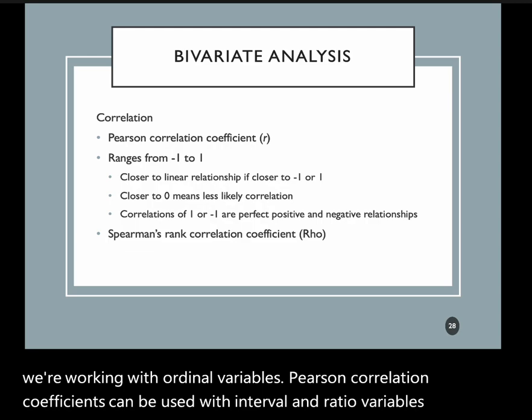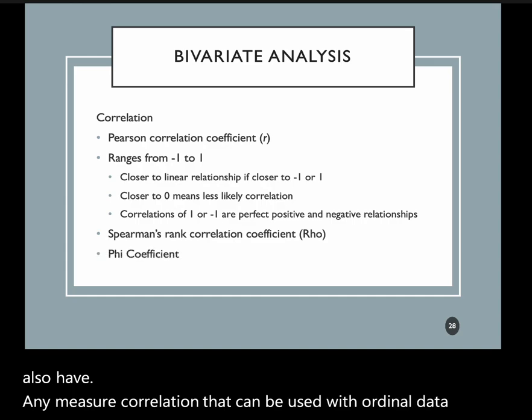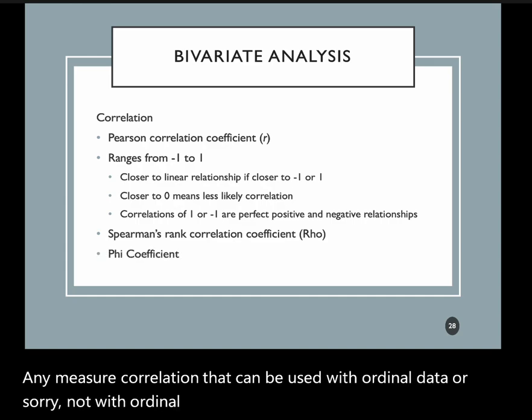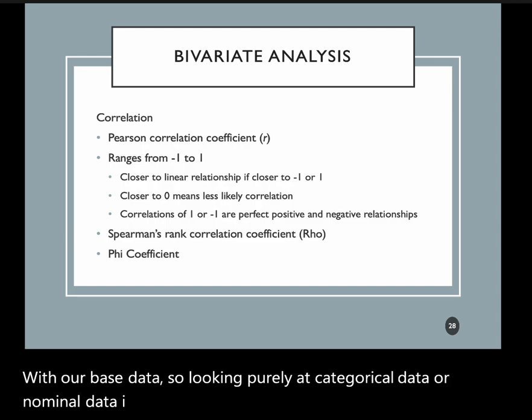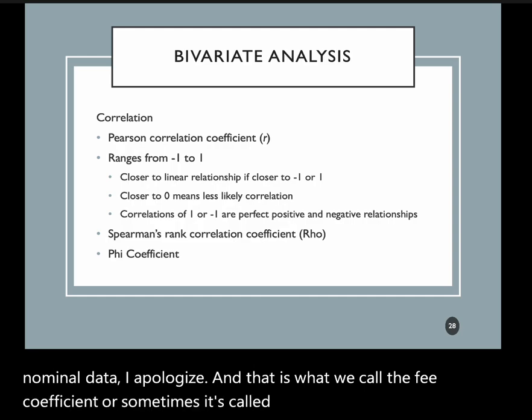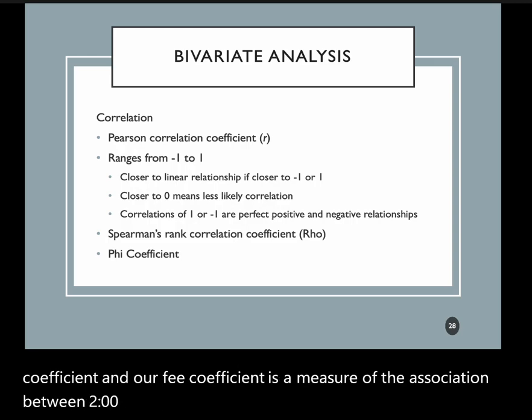And we also have a measure of correlation that can be used with, sorry, not with ordinal data, but with nominal data, looking purely at categorical data, I apologize. That is what we call the phi coefficient, or sometimes it's called the mean square contingency coefficient. Our phi coefficient is a measure of the association between two binary variables.